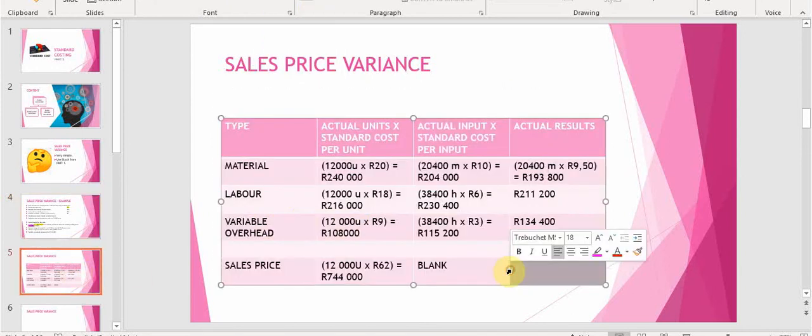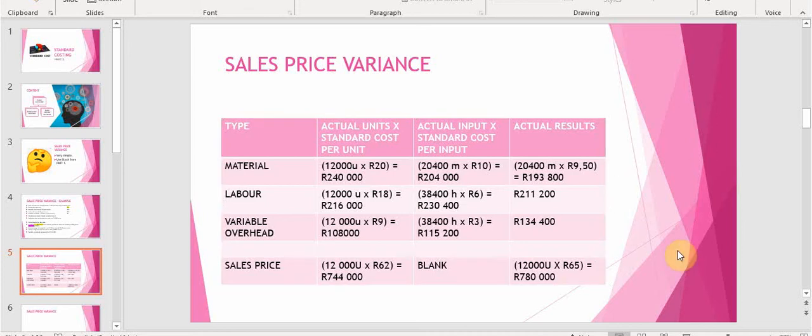So here I'm going to say again, it is actual 12,000 units. And I need to times it by the actual selling price, which was 65 Rand. If I do that math, I get an answer of 780,000 Rand.